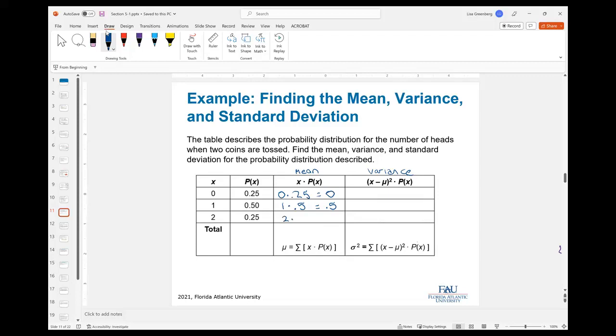And 2 times 0.25, this is going to equal also 0.5. Now notice when I add these up, because remember it's the sum of all of these values, if I add 0.5 plus 0.5, I get 1. So now I know my mean is 1.